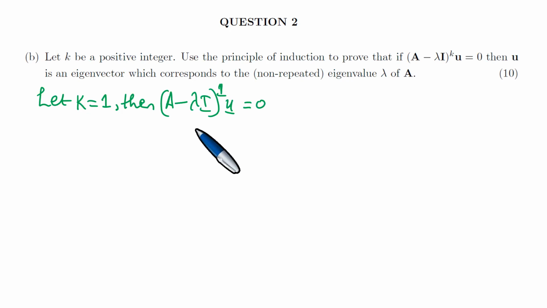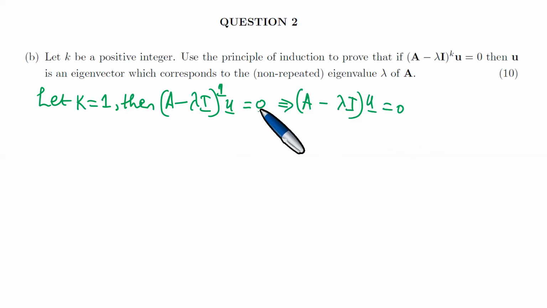Okay, we're here. And what does this mean? So we open up the parentheses, and this means A minus lambda I times the vector u equals 0. This is also the 0 vector.